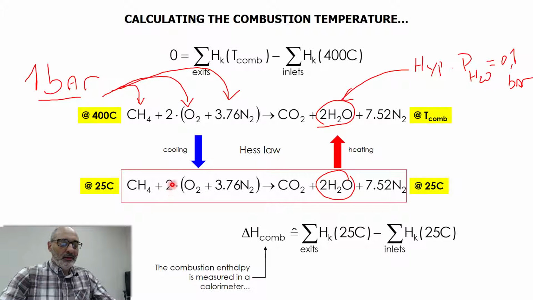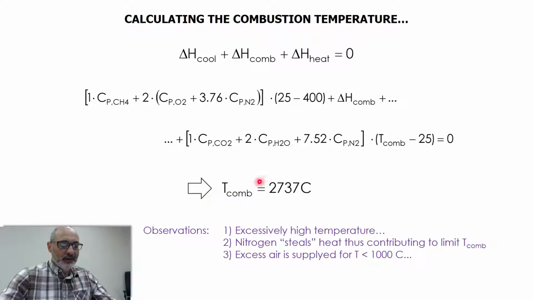The number 2, moles of air, is actually this number here, 2 moles of air. Okay, this is Cp of oxygen plus the Cp of nitrogen multiplied by the number of moles of nitrogen per mole of oxygen in air. Okay.